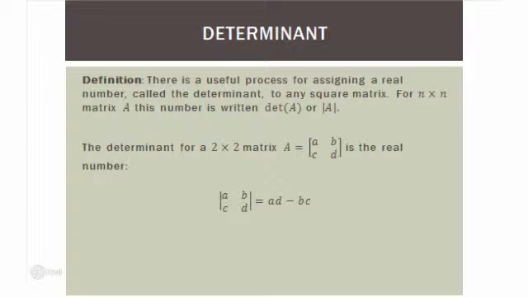So A, B, C, D is going to equal the real number A times D minus B times C. So you multiply the two entries in the top left and the bottom right, and then subtract the two entries, B in the top right and C in the bottom left.